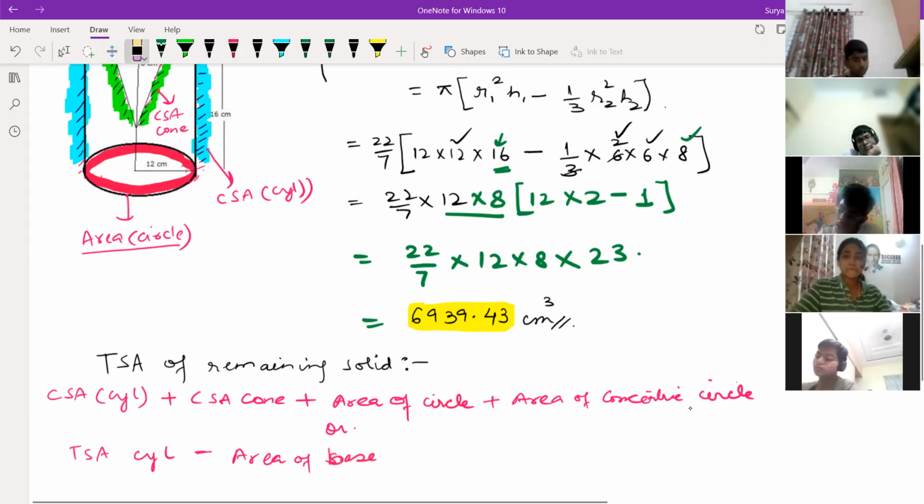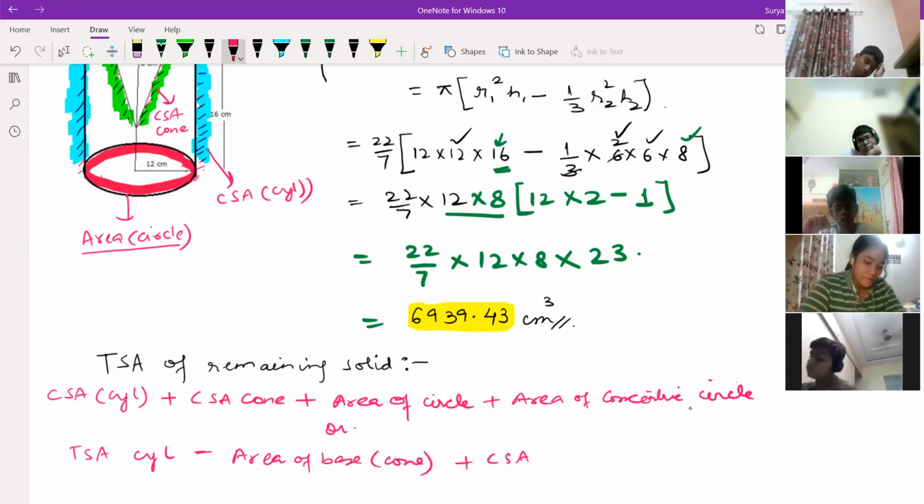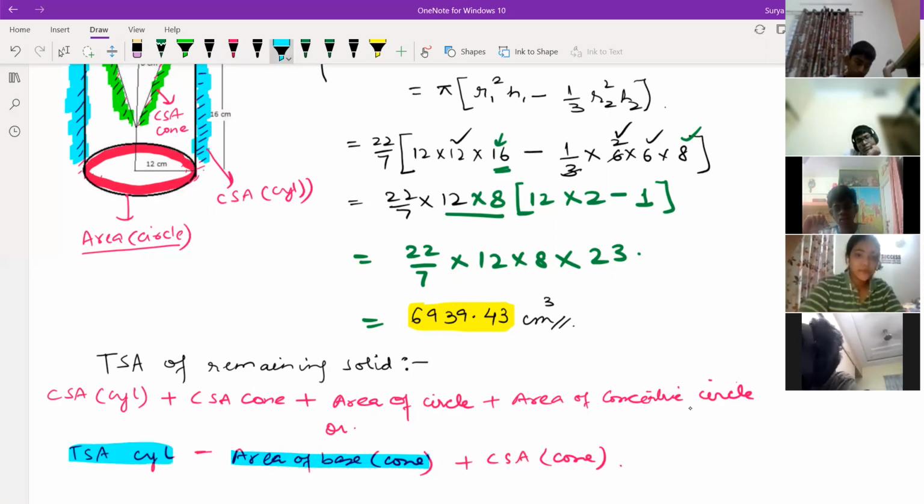Again, I'll write here. Area of base of which one? Cone, plus CSA of cone. You can use anything. See, that's clear or not? This is having 3 parts: TSA of cylinder, area of the base, that is cone base, and plus CSA of cone.